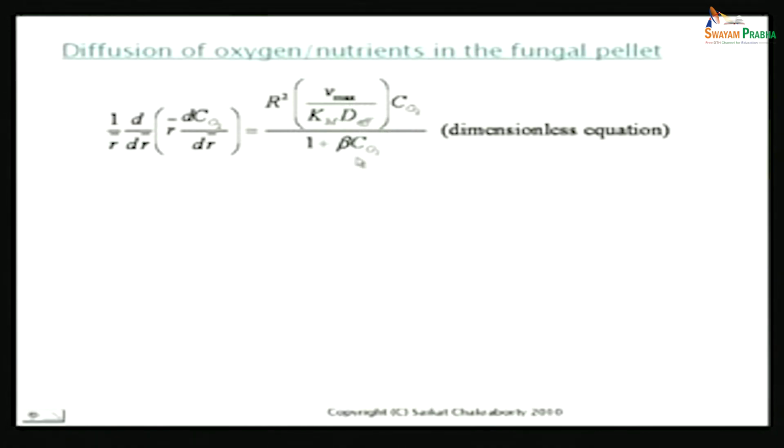So this is the dimensionless form. If you don't trust this form completely, you can derive it from what you had, but I'm not repeating it because we already did this in the immobilized enzyme part. So r bar is the dimensionless form of r. How do you make it dimensionless? Just make it dimensionless with some initial radius, because the radius is growing.